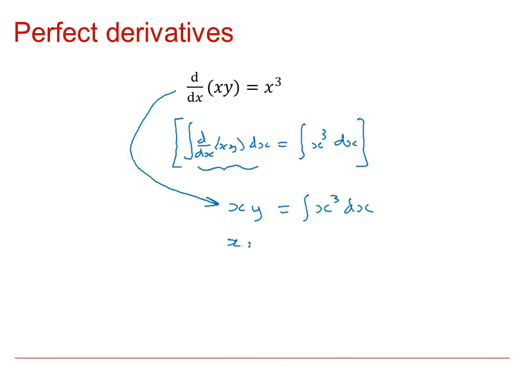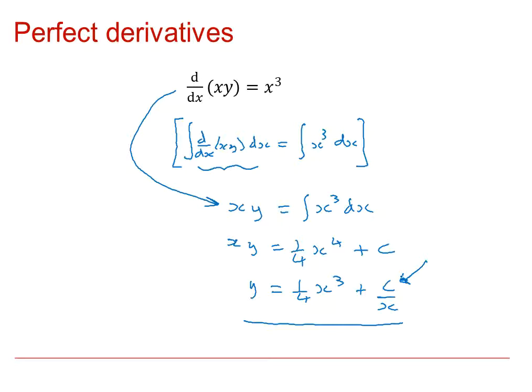In other words, xy is a quarter of x to the 4 plus c, and if I divide through by x, I get a quarter of x cubed plus c over x as my general solution. Notice this was a first order differential equation that we started off with, and we've ended up with one arbitrary constant c.